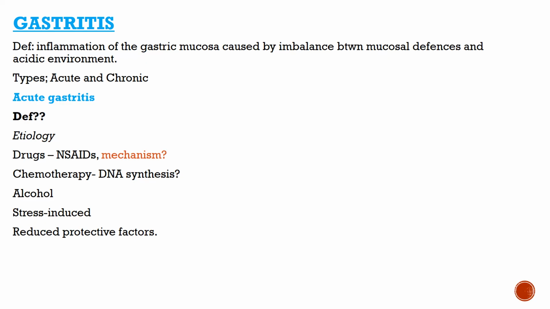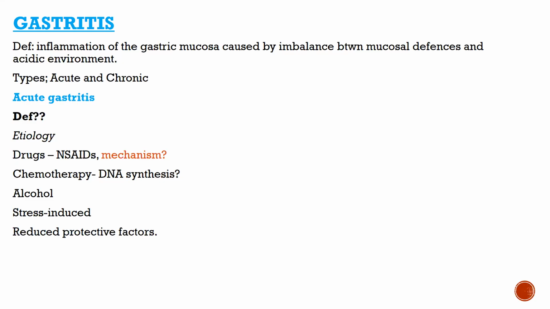I said gastritis is inflammation of the gastric mucosa, usually diagnosed by histology. On acute, you'd find neutrophils, just from the normal immunology; on chronic, you'll find lymphocytes. The etiology and causes: things like NSAIDs, chemotherapy, alcohol consumption, stress-induced, and reduced protective factors.